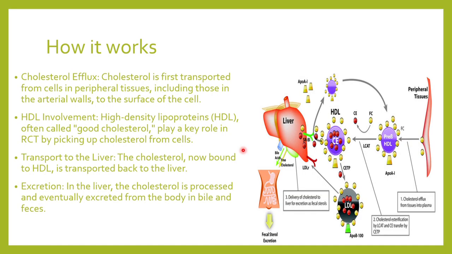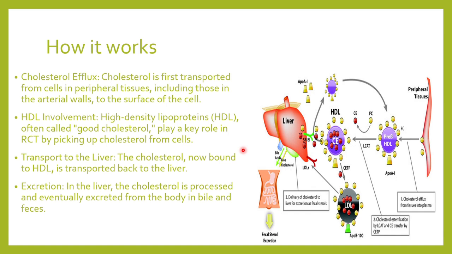So now how does this work? I have told you that the cholesterol is first transported from the cells to the peripheral tissue, and to do that you will require your lipoproteins. What are your lipoproteins? Your LDL, VLDL, HDL, chylomicrons, all these things. Now HDL, why is it called good cholesterol? Because it will pick up the excess cholesterol from the cells.